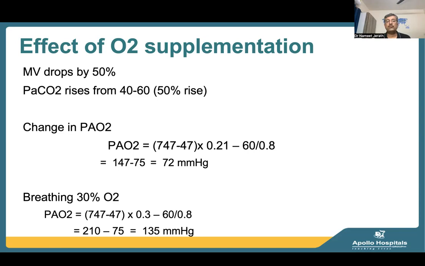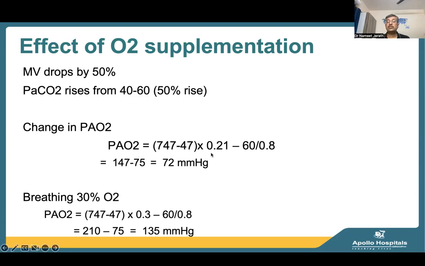Now let us do the calculation using the alveolar gas equation that we just saw, and look at the PaO2 when the child was breathing room air versus when the child is breathing only 30% oxygen. So in the first scenario, the alveolar oxygen, this is the barometric pressure. We have just taken it as 747 for ease of calculation. Minus 47, which is the partial pressure of water vapor.